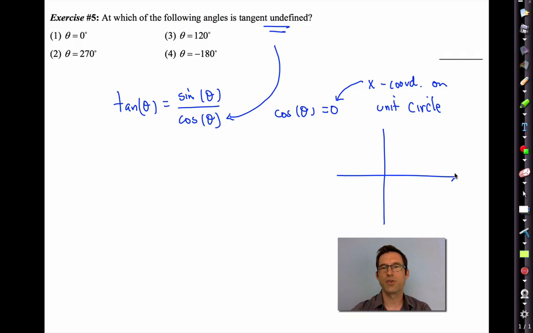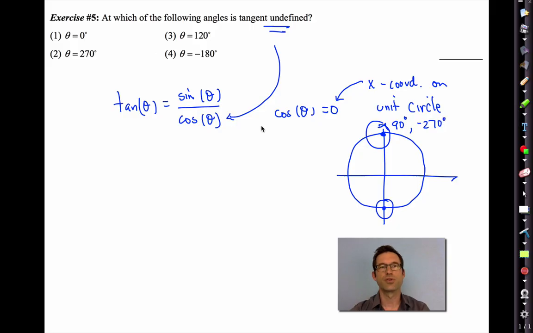So the real question is, what are those two angles, right? Well, we know this could be an angle of 90, but it could also be an angle of negative 270, neither of which are choices. 120 is somewhere out here. 120 is definitely not right, and negative 180 is right there.